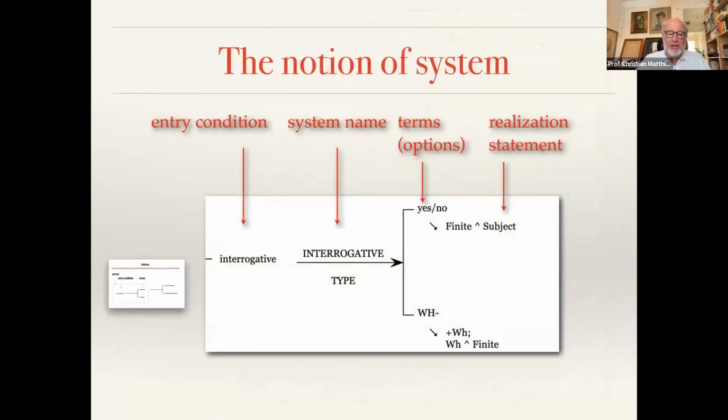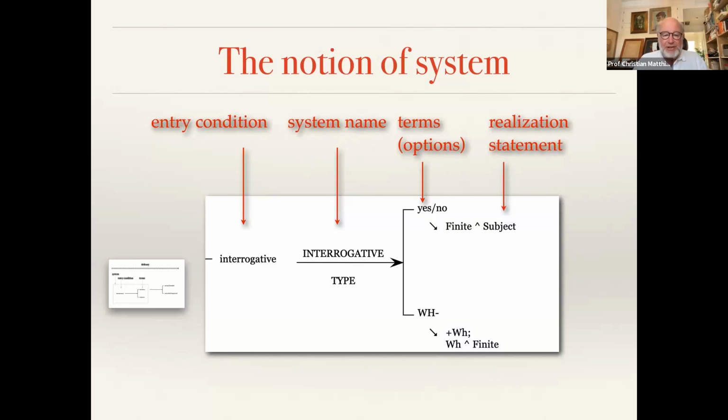Let me use the particular system for interrogative, yes-no interrogative versus WH interrogative, as an illustration of how system networks represent parts of the language, and also how options in the system network terms may be instantiated in text.